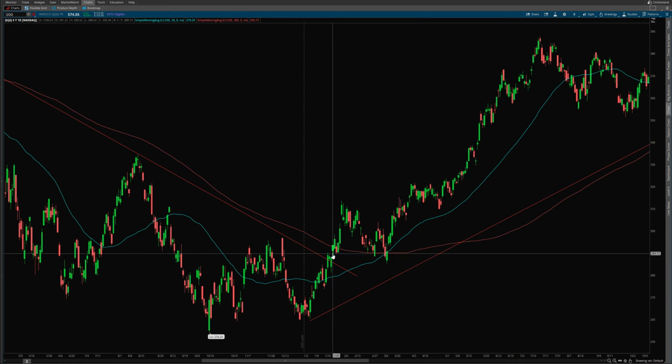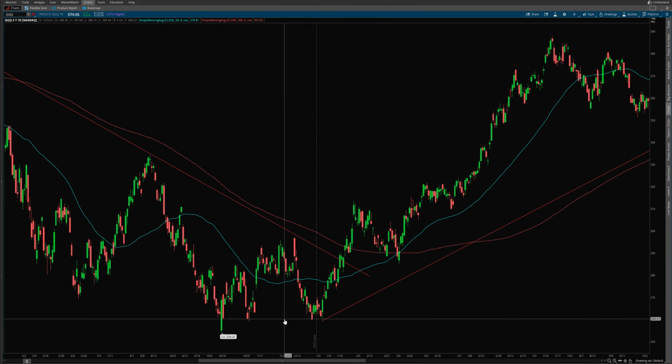Price broke above this trend, and now instead of lower highs and lower lows, we saw a higher low and a higher high. So in a downtrend, once you see a higher low and a higher high, the trend has changed. The same goes for bull markets.